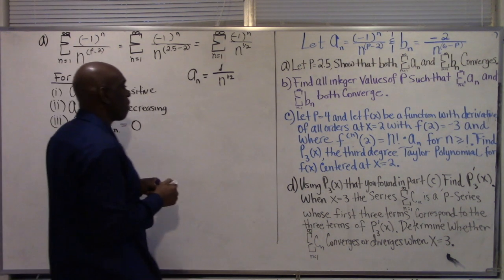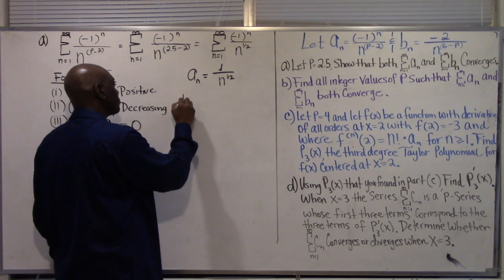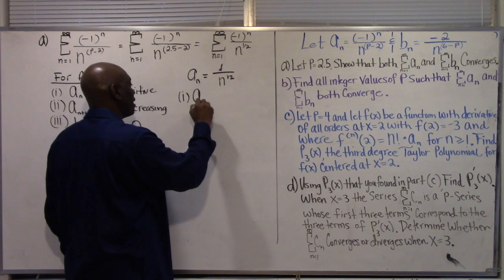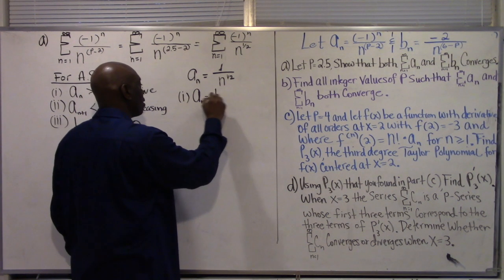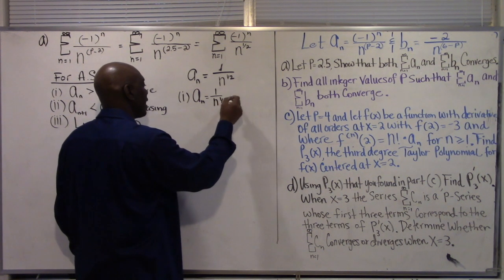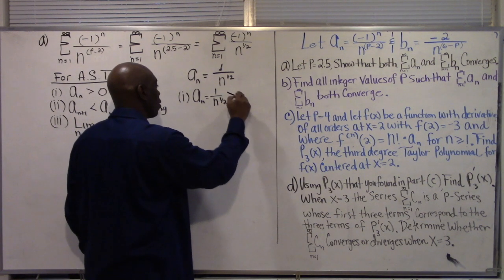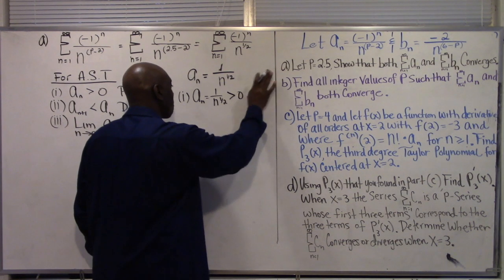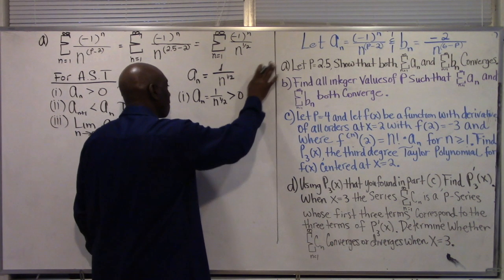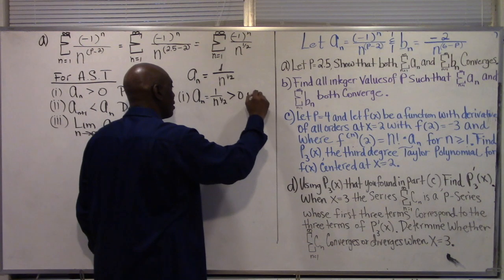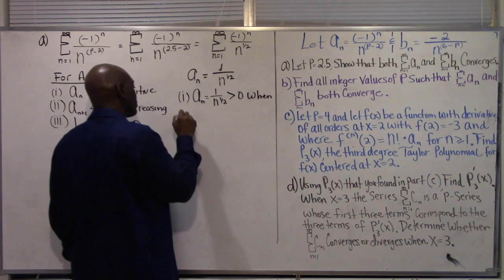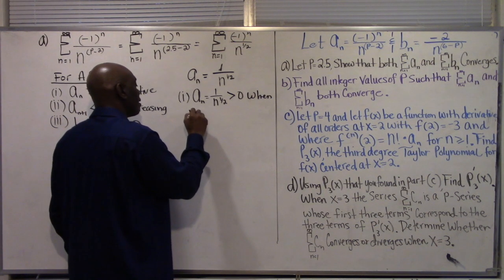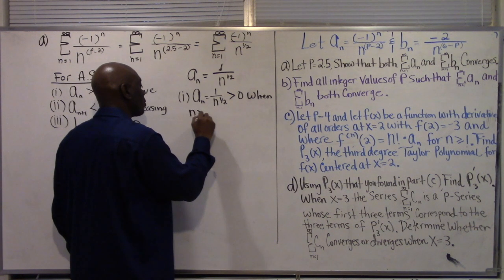All right? So condition 1. a sub n, which is 1 over n to the 1/2, is greater than 0 when n is greater than or equal to 1.